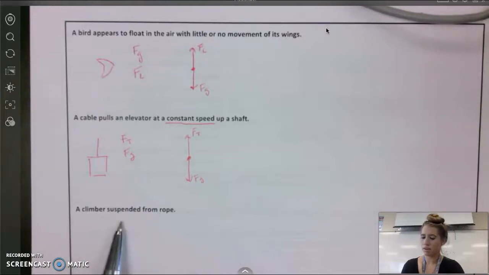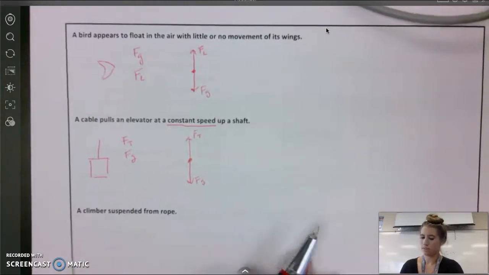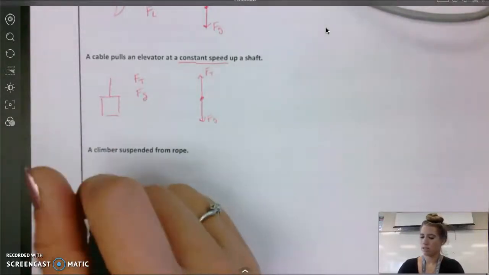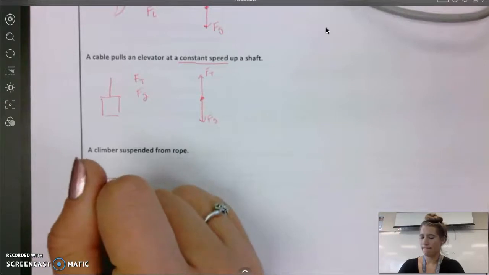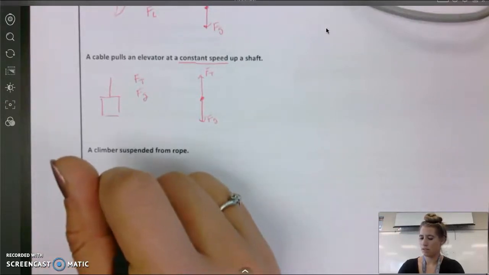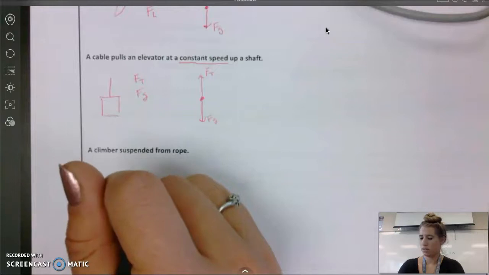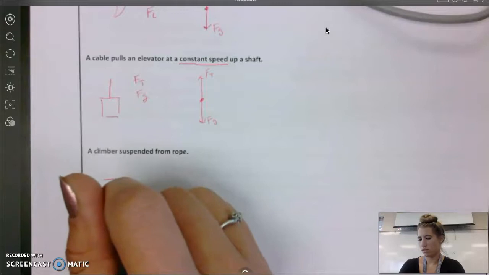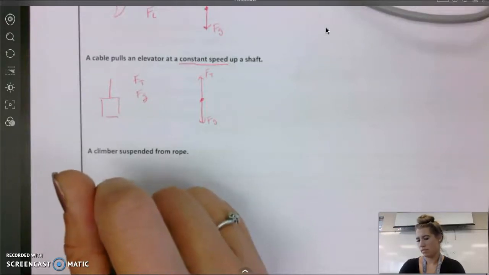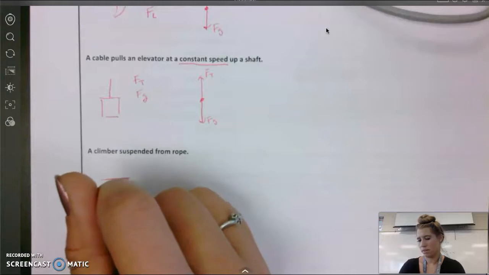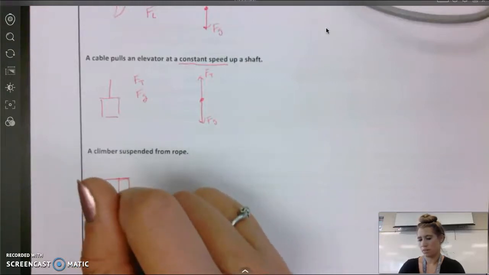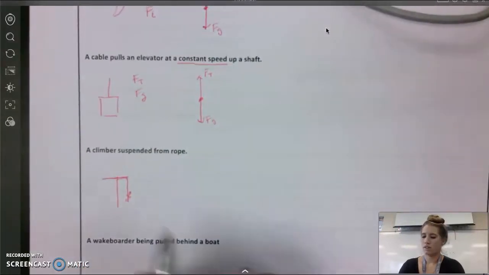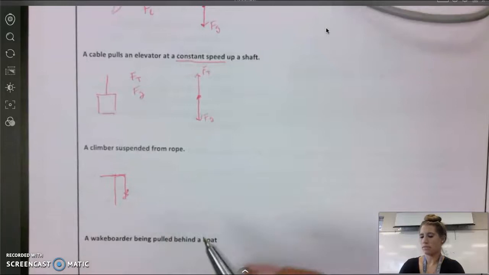A climber suspended from a rope. Okay, so we have the climber, and actually this climber is going to be, like I said, suspended, so they're not in contact with the wall.